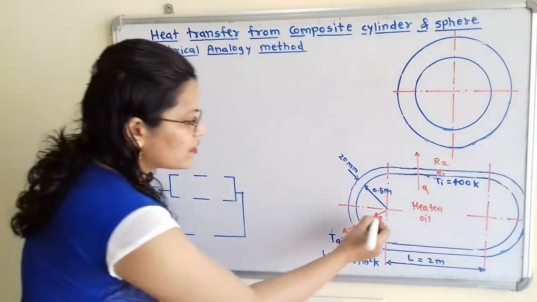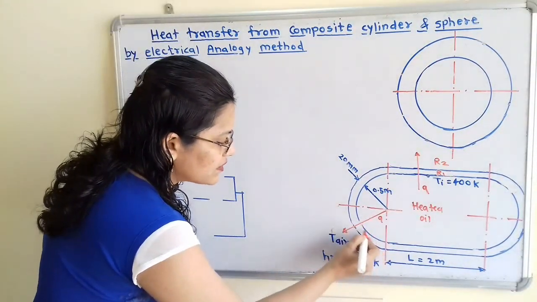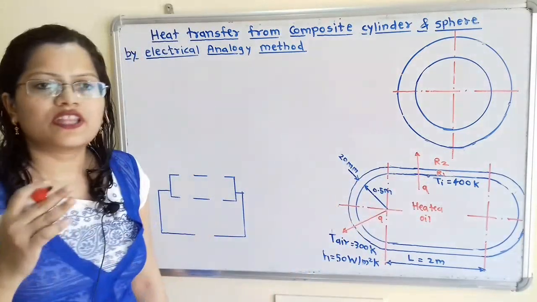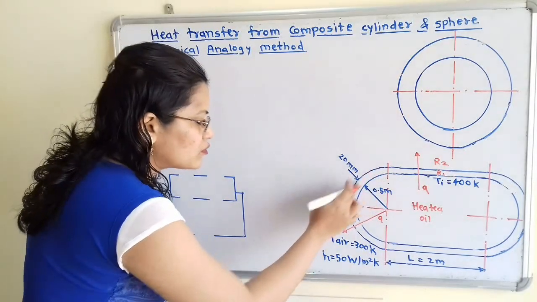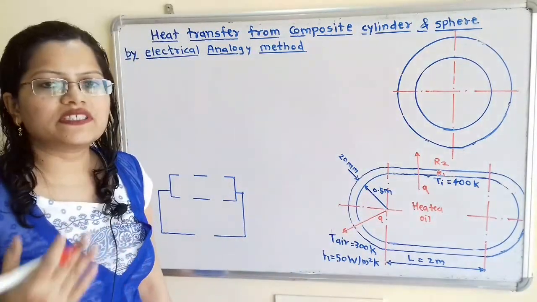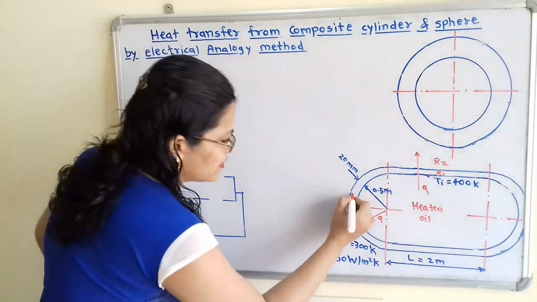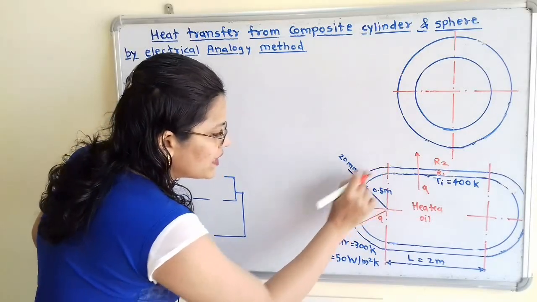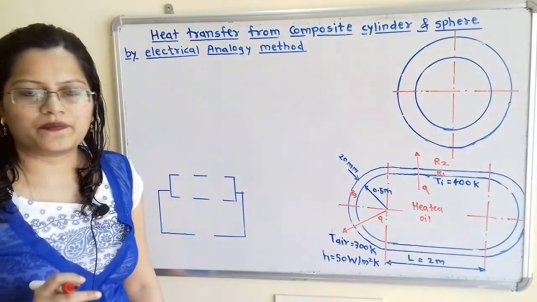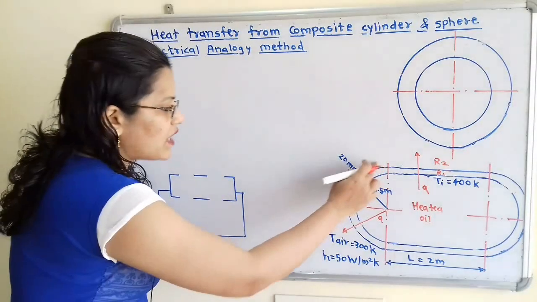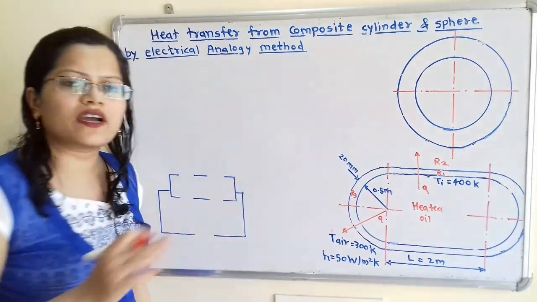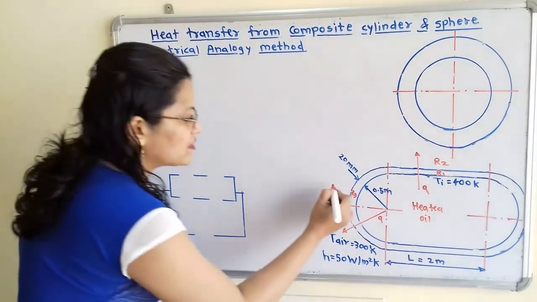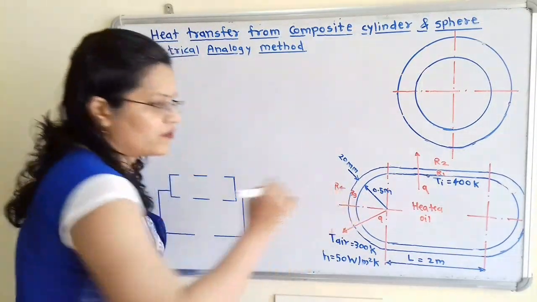From the sphere also, the inside surface temperature is given. From this inside surface, the heat is transferred through this glass material, which has resistance R3. Now this is about the hemisphere we are talking about. Again from this outside surface, the heat is transferred through the convection process, and the resistance we will consider R4.